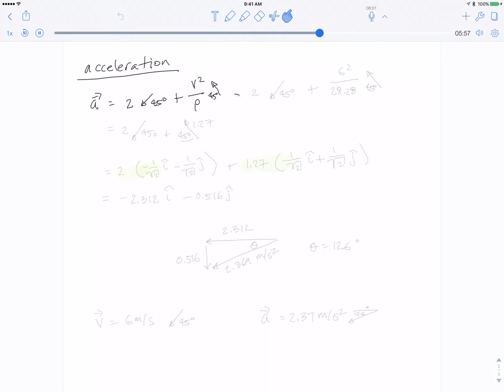And so plug that in, 2 going down at 45 degrees, plus 6 squared over 28.28 in that direction. So that's going to equal 2 in that direction, plus 1.27 in that direction.